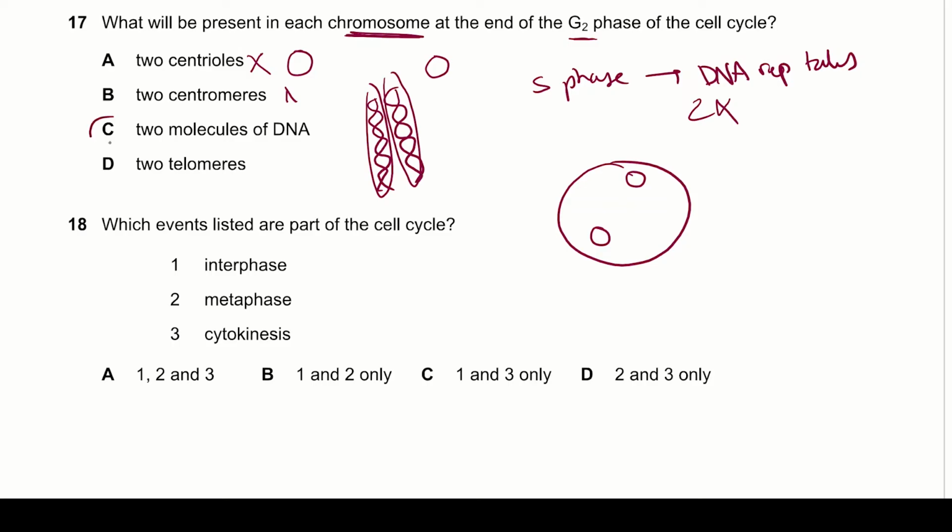So C is definitely going to be the correct answer, because here it's asking me about each chromosome, and this is a full chromosome. For D, it says 2 telomeres. 2 telomeres is incorrect, because each chromatid has 2 telomeres. Here it's asking for each chromosome, so each chromosome is going to have 4 telomeres. So this is incorrect.